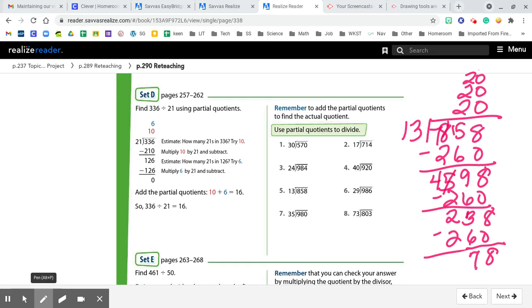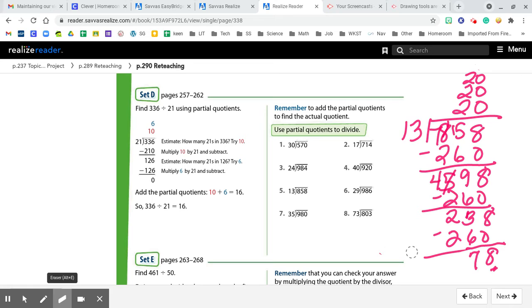Okay. So now I'm going to check it off to the side. 13 times 4 is 52, but I want an 8 in my ones place.